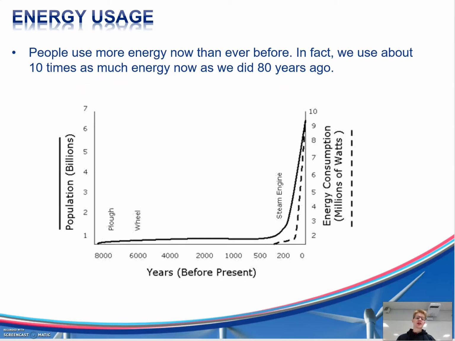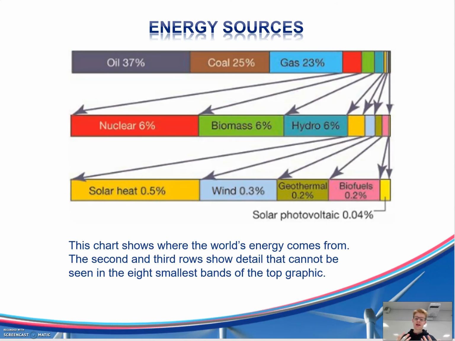So our energy can be sourced from different types of resources. Like we talked about before, it can be sourced from renewable resources or non-renewable resources. If we look here at all the different resources we get for our energy, for electricity, for fuel, or all of those types of energy, we see that 37% of the energy we use comes from oil, then 25% from coal and 23% from natural gas.